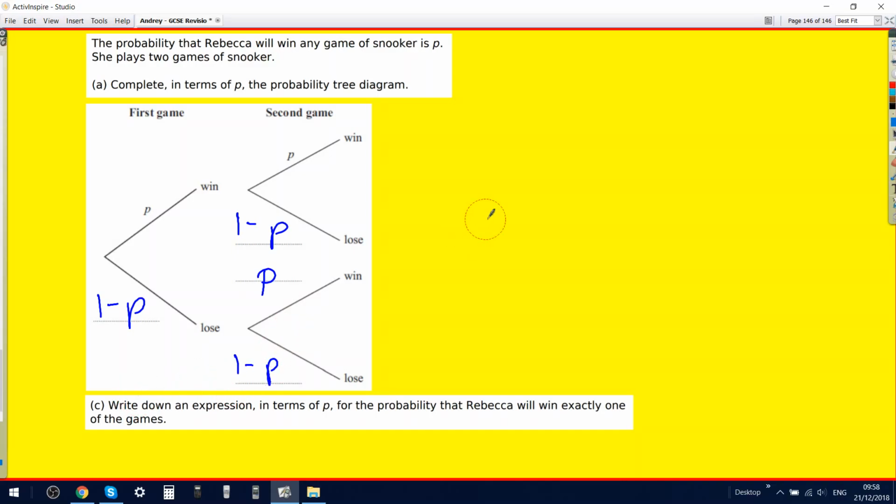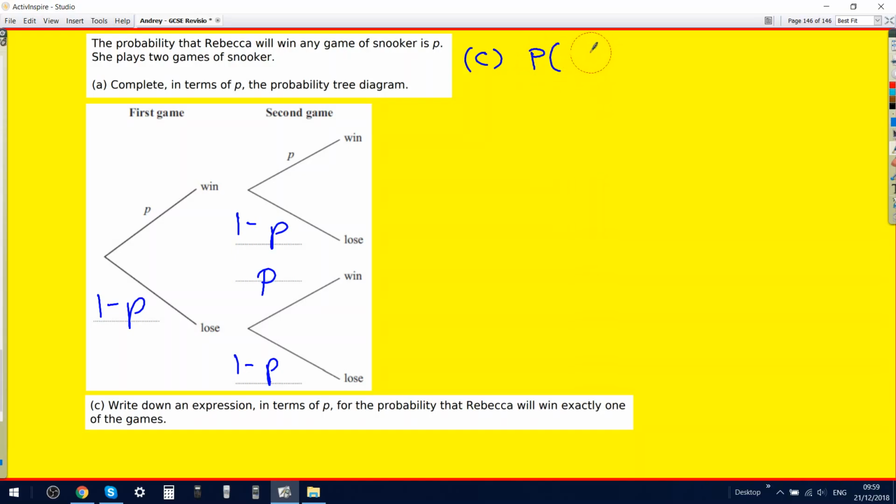Okay, how about part C? A quarter P. No. Just because there's 4 outcomes doesn't mean they're all going to be equally likely. What are the combinations for her to win 1 game if she plays 2 games? 2P.